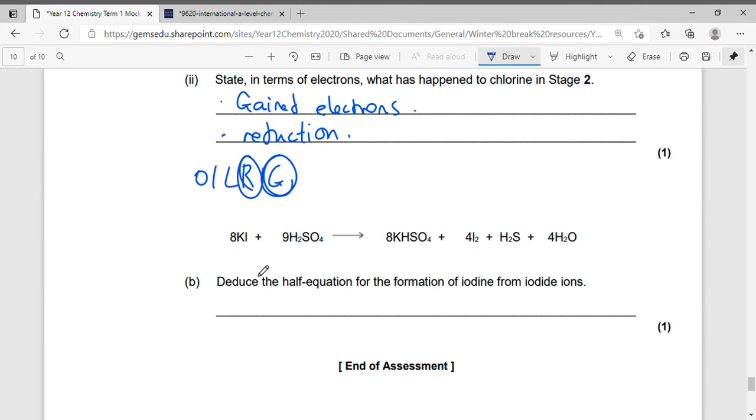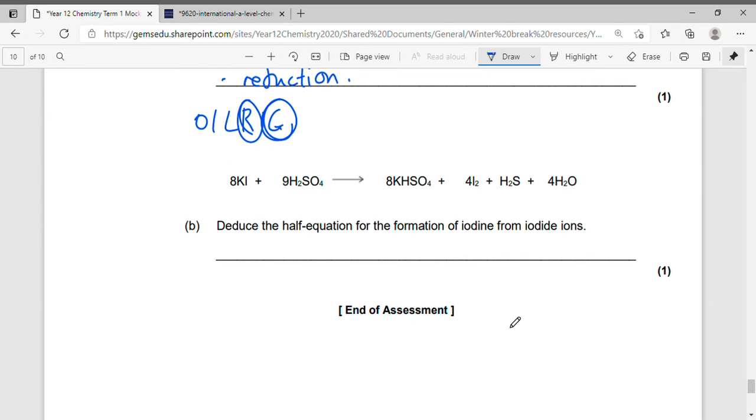Alright, let's use the half equation for the formation of iodine from iodide ions. Well, we have 8I minus here, which becomes 4I2, but it must have given away 8 electrons, I think.